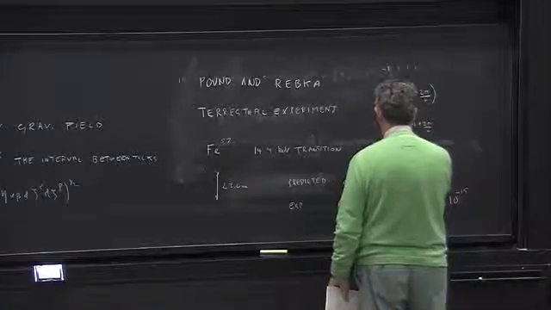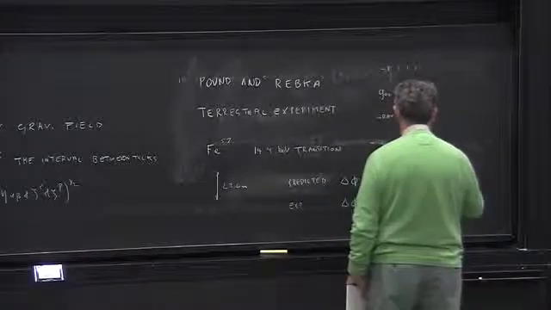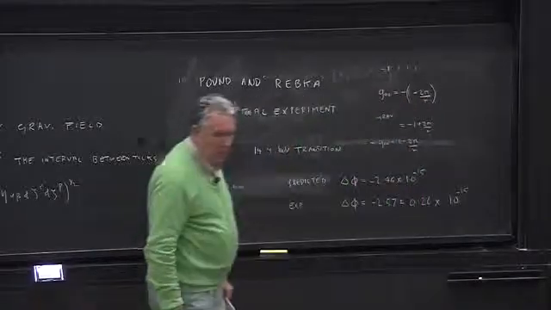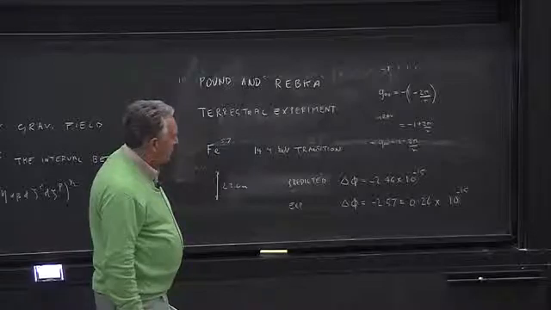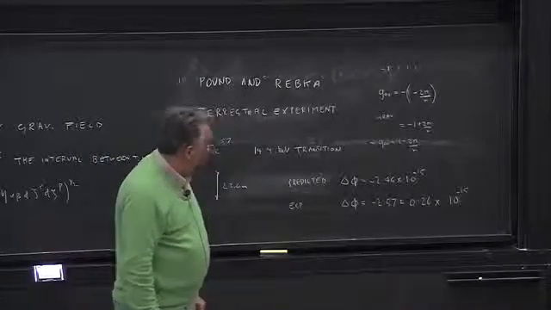So minus g_00 is 1 minus 2m over r. So in the gravitational field, g_00 will be less than 1 in magnitude.